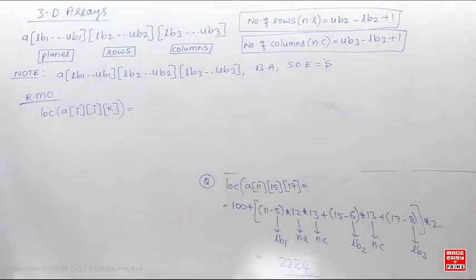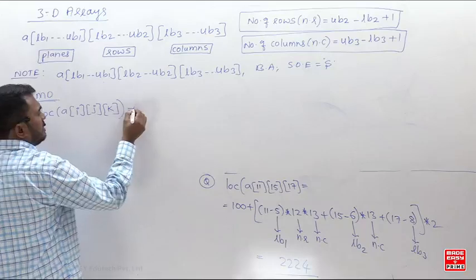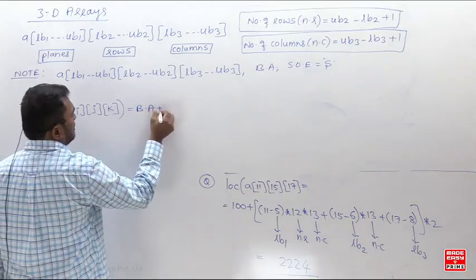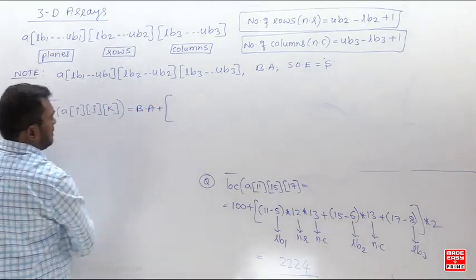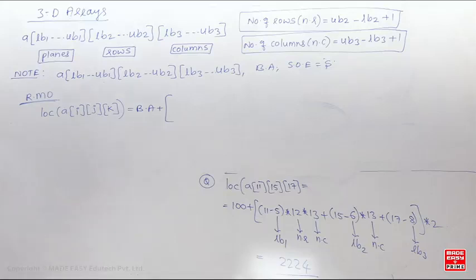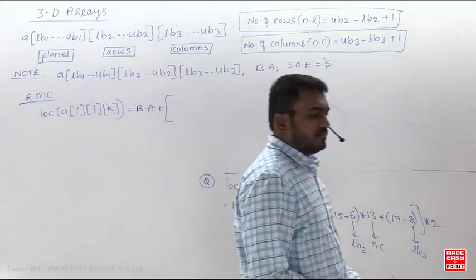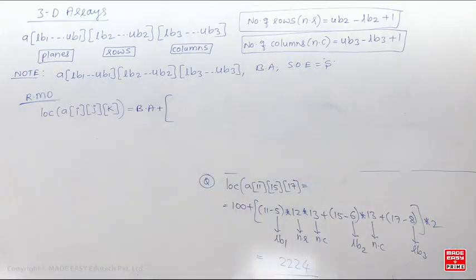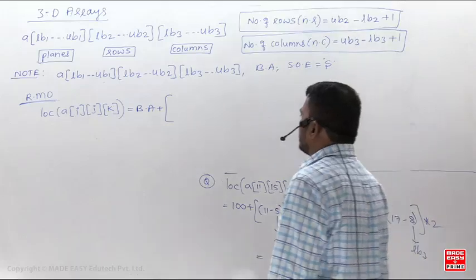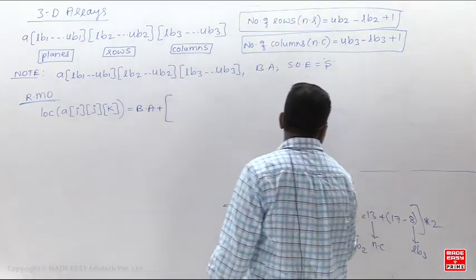Write down the formula first, row major order, base address plus.